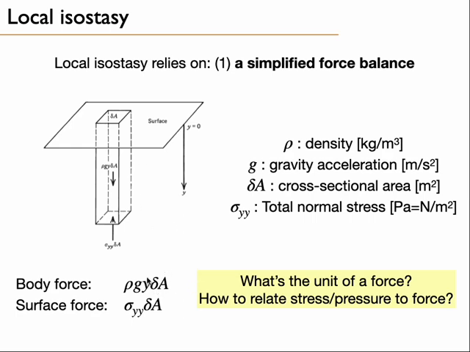So y times delta A gives you a volume multiplied by rho and by g. This will give you a force in Newton. The second force is a surface force. The surface force will be a stress acting here on a surface, and the surface is the section of the iceberg.